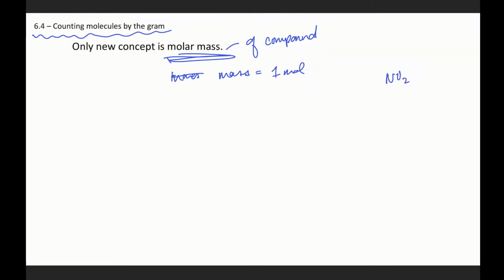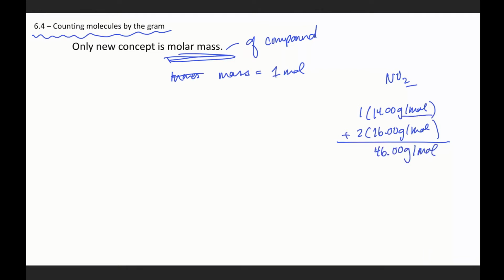So, for example, if we were talking about nitrogen dioxide, we would have to sum all the pieces together. I have 1 nitrogen, and if we look at our periodic table, it has a molar mass of 14.00 grams per mole. I have 2 oxygens, which is 16.00 grams per mole. Then I would sum all that together, so 14 plus 32.